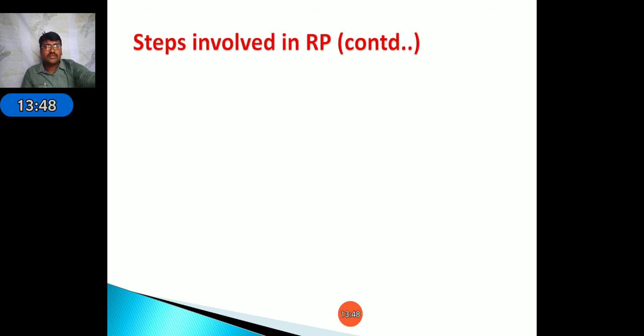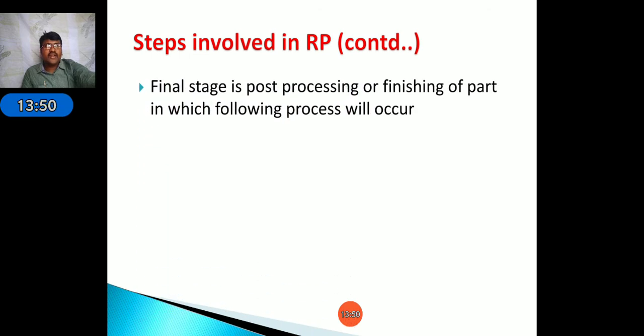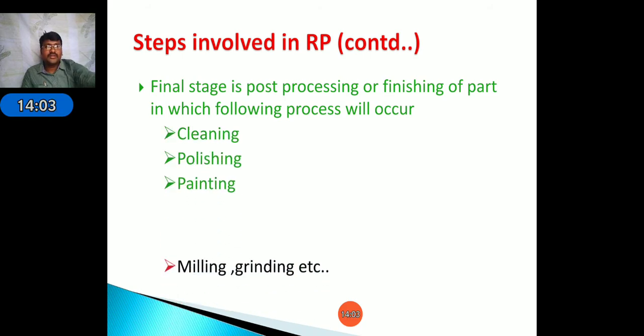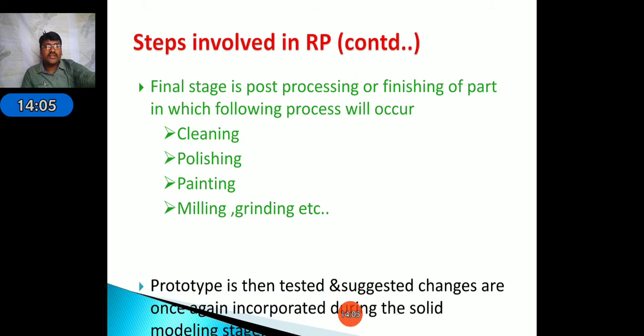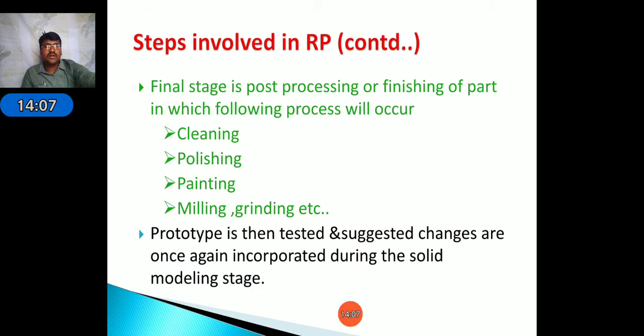Next, the final stage is post-processing or finishing of the part, in which the following processes occur: cleaning, polishing, painting, milling, grinding. These are the different processes at the time of post-processing.